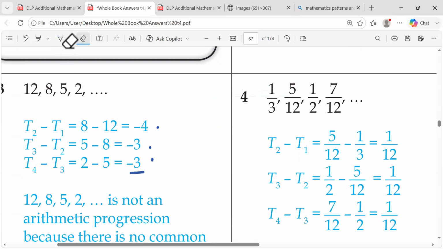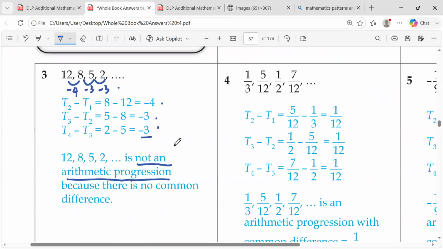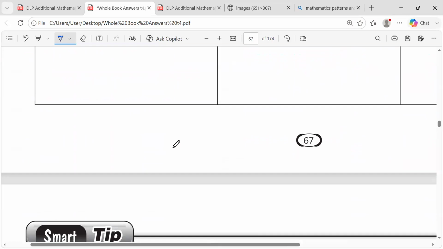It's not the same, so it's not a common difference. This is -4, this is -3, this is -3. So this is not a common difference, and this is not an arithmetic progression.